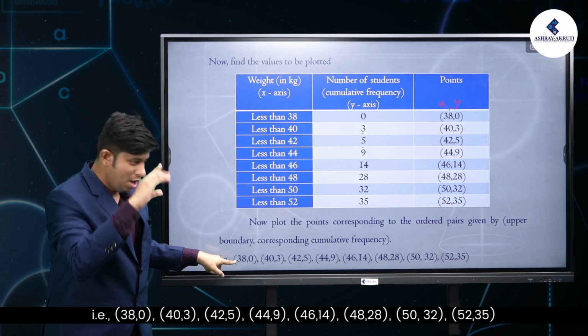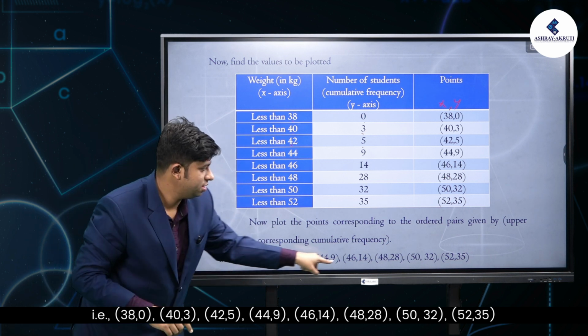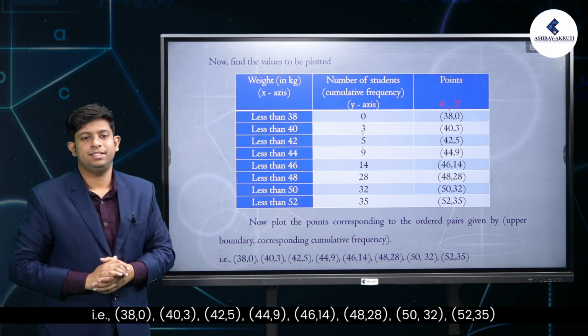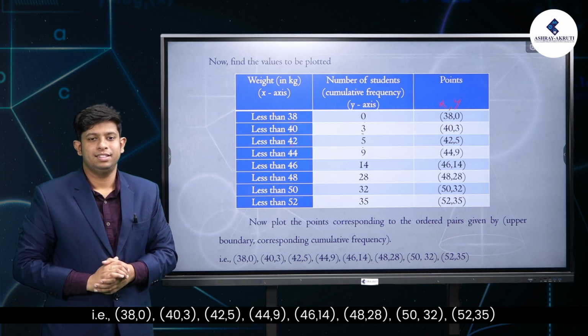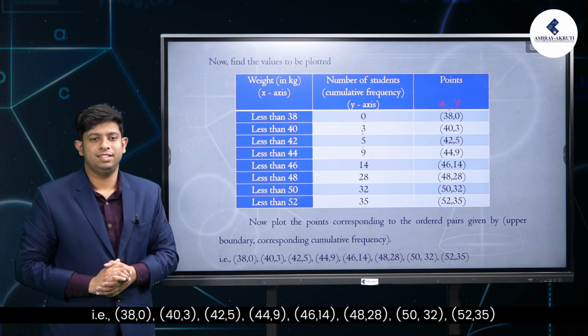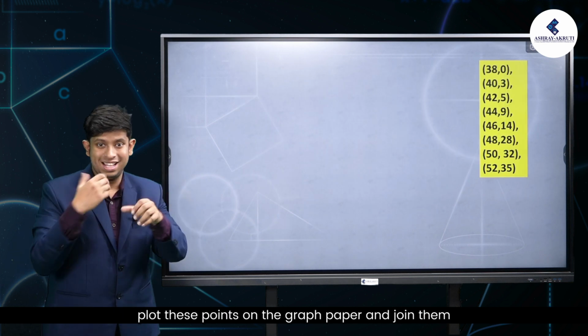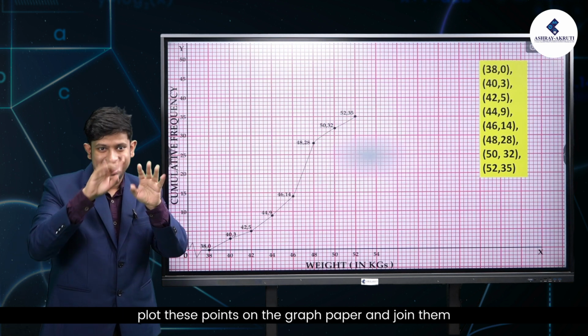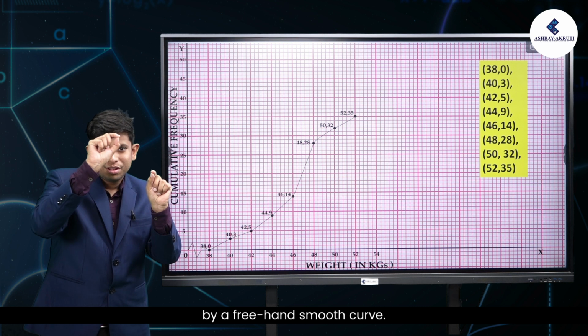That is 38, 0, 40, 3, 42, 5, 44, 9, 46, 14, 48, 28, 50, 32, 52, 35. Plot these points on the graph paper and join them by a freehand smooth curve.